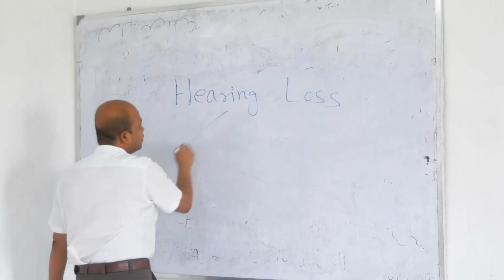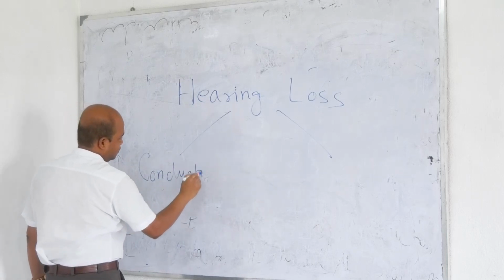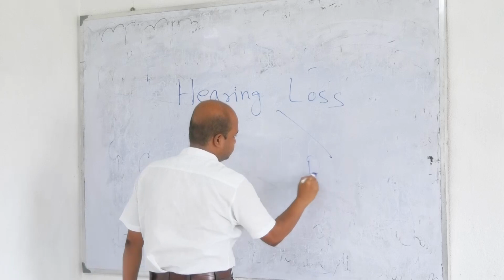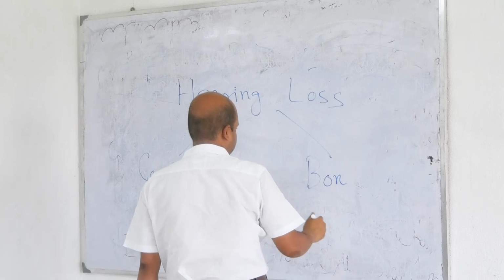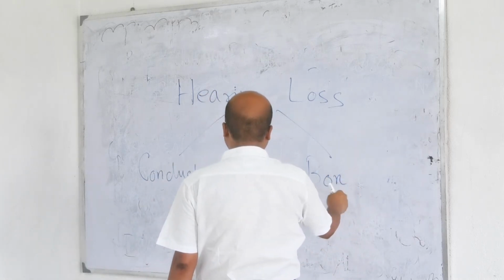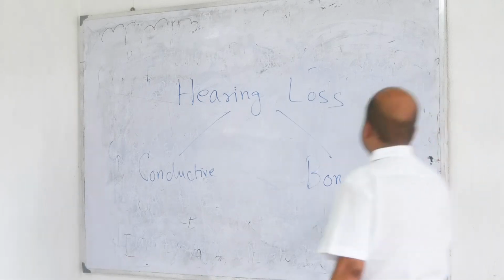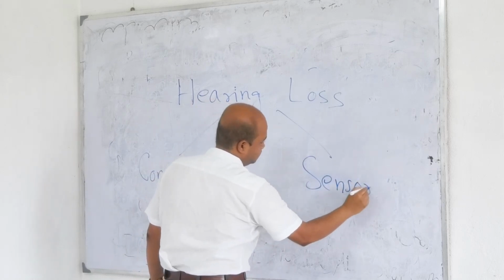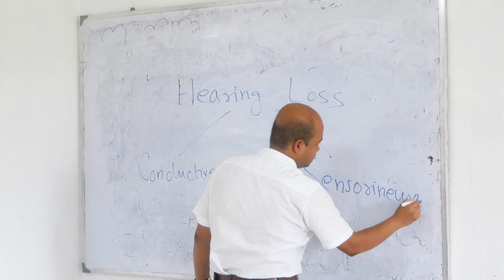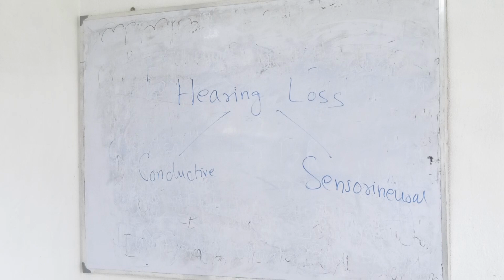So hearing loss is of two types, conductive and sensory neural.